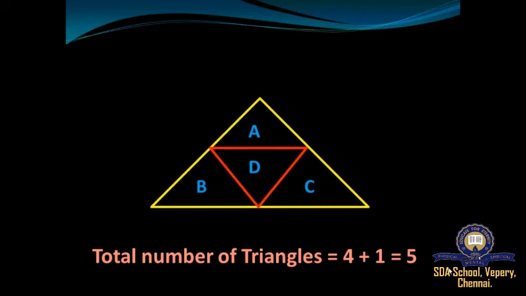There are 4 triangles over here, that is A, B, C and D, and one single big triangle, formed when I combine A, B, C and D. So when I add 4 and 1, it becomes 5. The total number of triangles in the given figure is 5. Understood, students? So this is how you interpret the number of figures in a given figure.